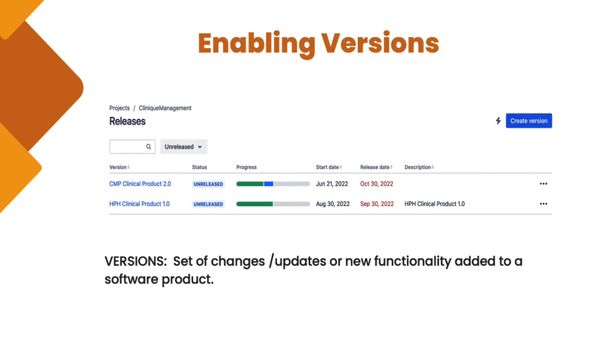Versions we might have heard of many times in a project. What are these? Versions are nothing but just the releases. That is, it contains a set of functionality which might be changes or updates or new features added to a software product.